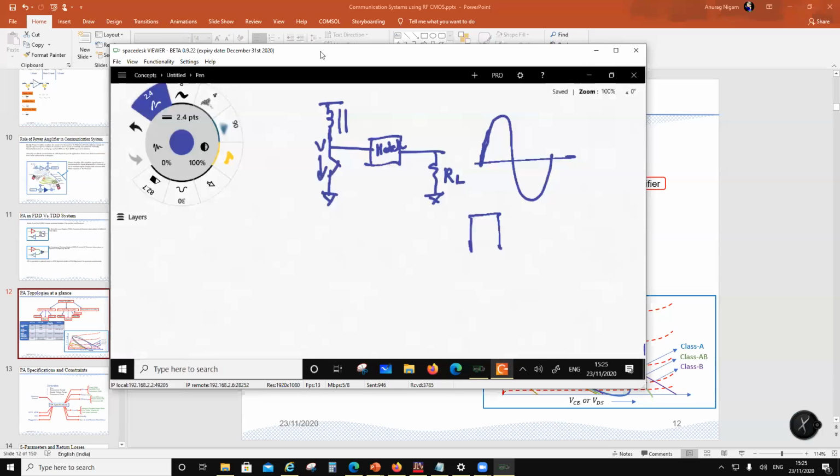Just bear with me on the color. Let's say I have a voltage waveform here, so the current waveform is 0. And then let me change the color.